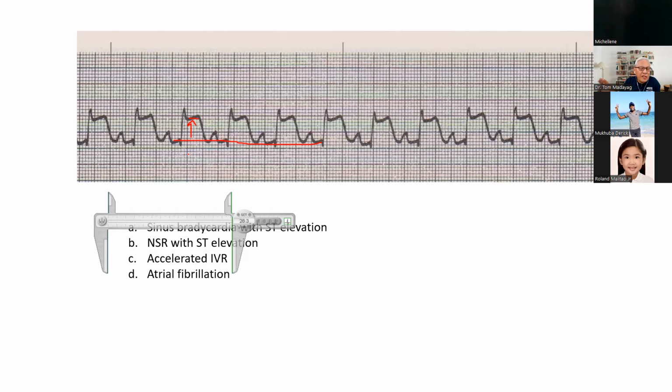However, once we see this in the monitor, what we should do is obtain a 12-lead ECG in order to determine whether or not there is a presence of ST elevation MI. You cannot diagnose MI on the basis of just one lead. You have to have a 12-lead ECG in order to make sure that you are diagnosing the presence of STEMI accurately.